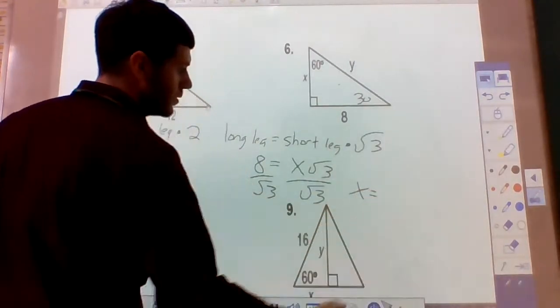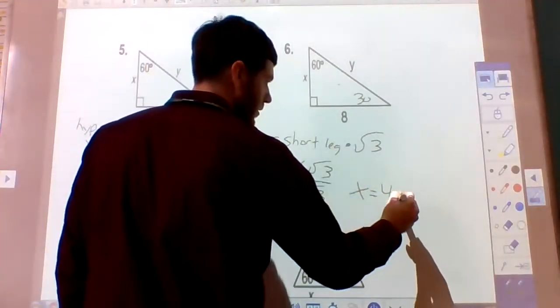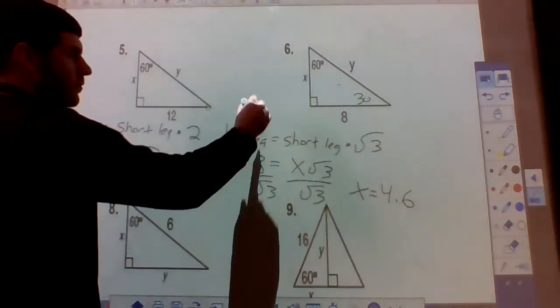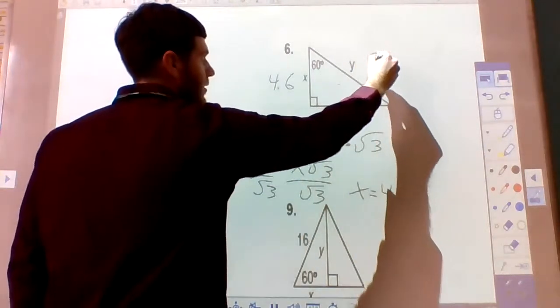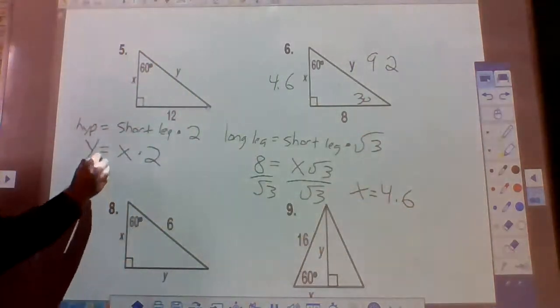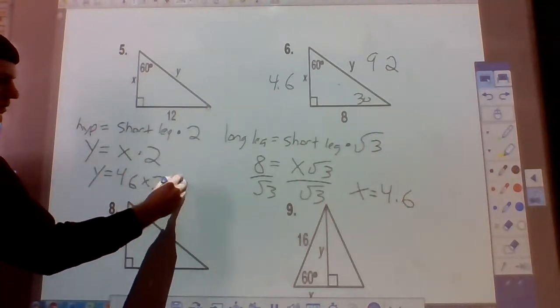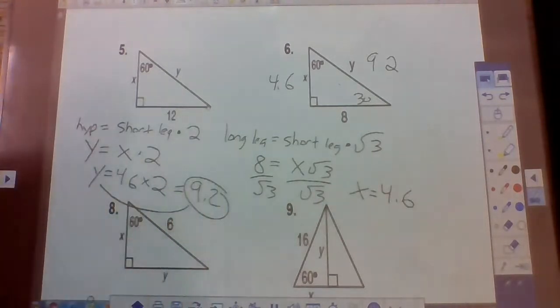Then x equals 4.6188. We can round though. Then the hypotenuse is twice this, so y equals 4.6 times 2, which is 9.2. Y is 9.2.